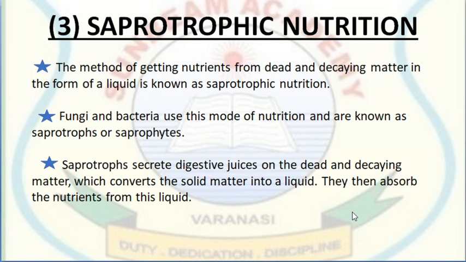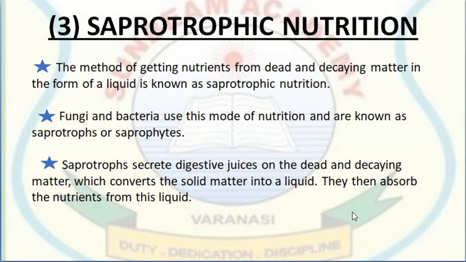Now, the third mode of heterotrophic nutrition in plants is saprotrophic nutrition. Some non-green plants live on dead and decaying plants and animals and derive their food from them. For example, mushrooms and other fungi and the bacteria. They secrete digestive juices on the dead and decaying matter.